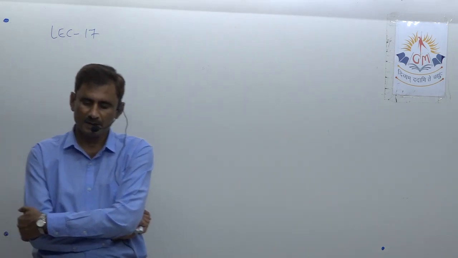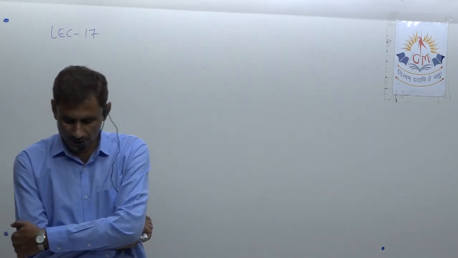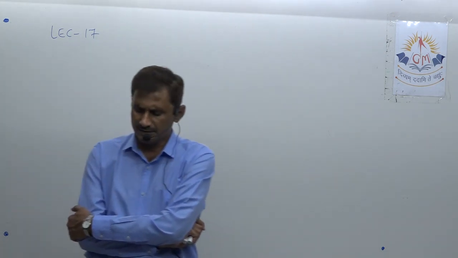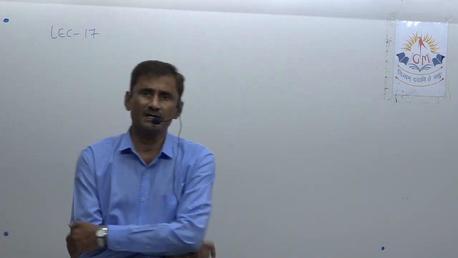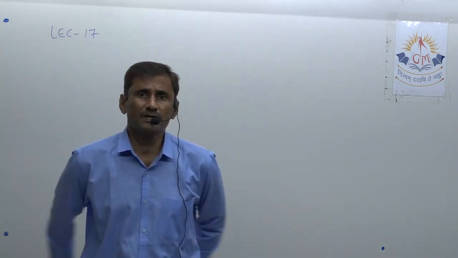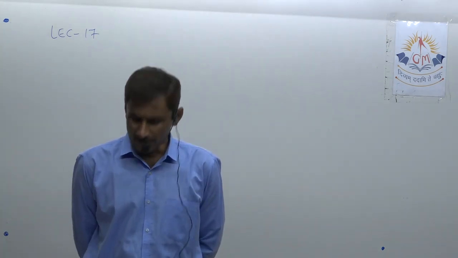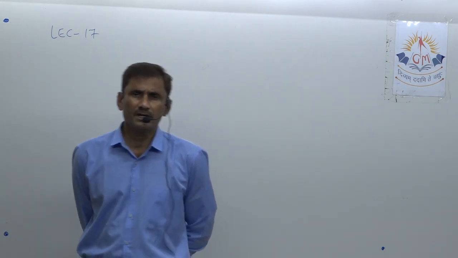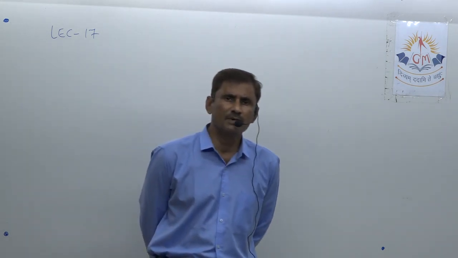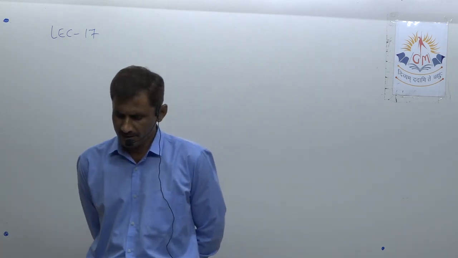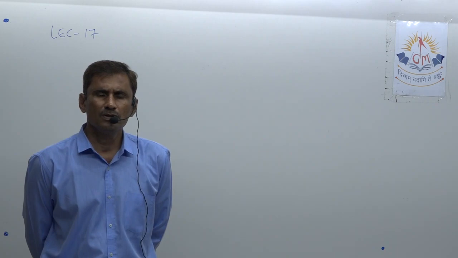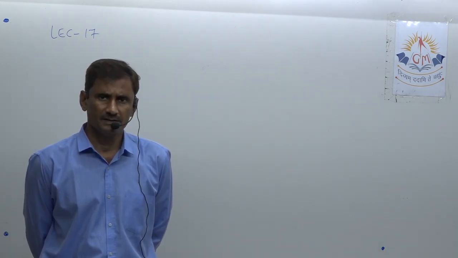Second one, 4 divided by 2 equal to 2 divided by 4. What does it show? We just give the answer whether the given statement is correct or incorrect. So obviously, in division, commutative law doesn't apply.